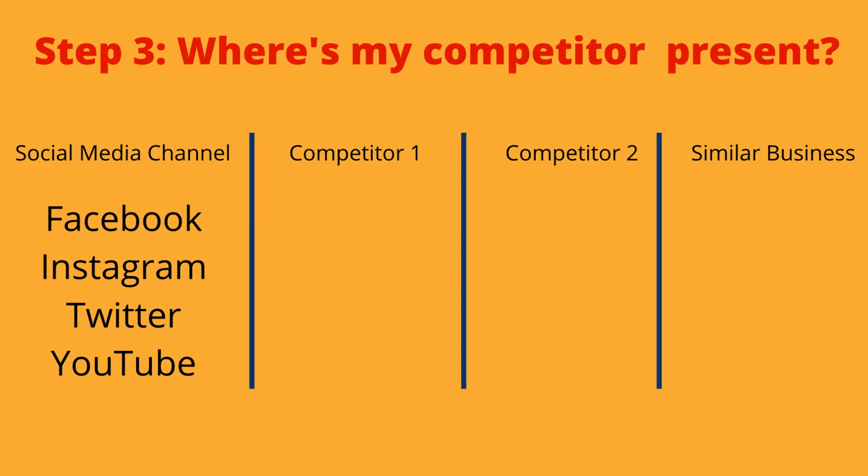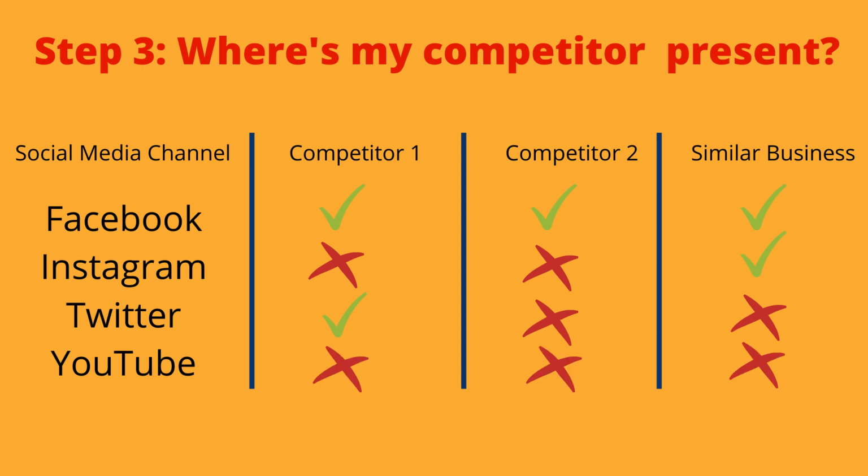For example, I make a list of social media platforms like Facebook, Instagram, Twitter, YouTube, LinkedIn, etc., and see if my competitor is present on any of these platforms. The basic mentality is that if my competitor is there, I need to be there. Also, companies in a similar business can be looked at as a benchmark, and we can choose to be on the platforms where they are present.